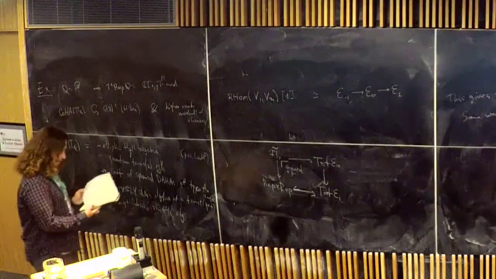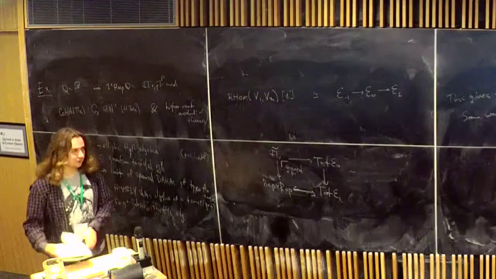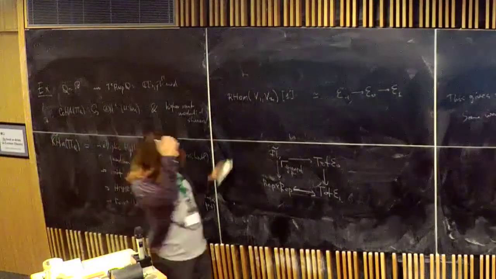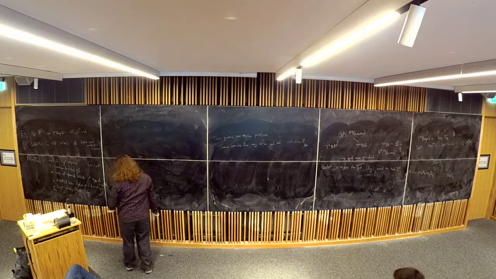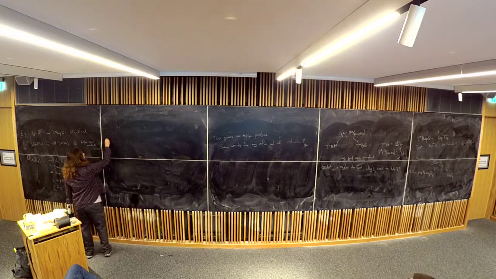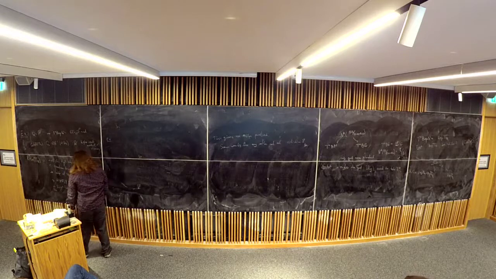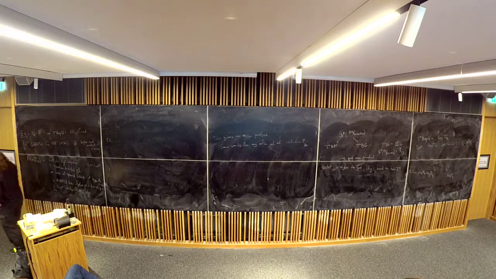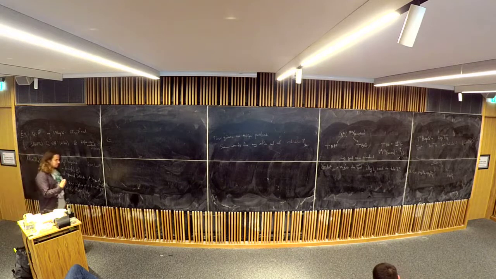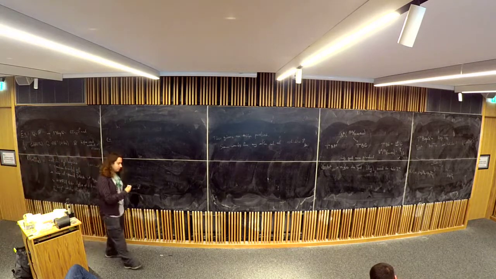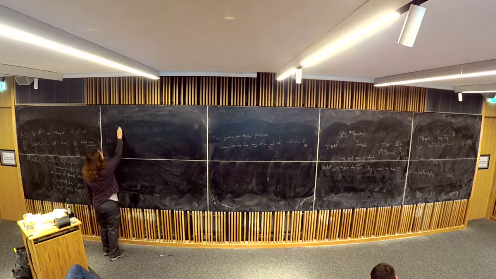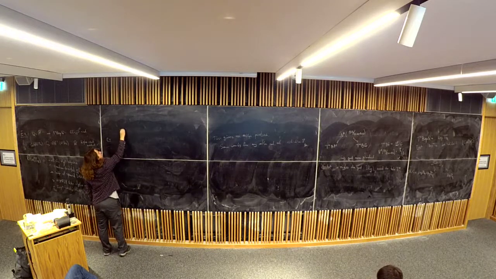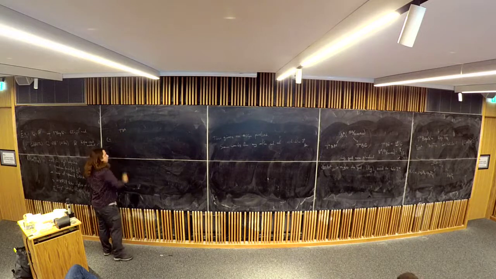Okay, so let me maybe end with a last sentence, another example. You would ask yourself, what happens if you consider some surface? If you consider a cohomological algebra from surfaces, so for instance, T star P1. Why T star P1?